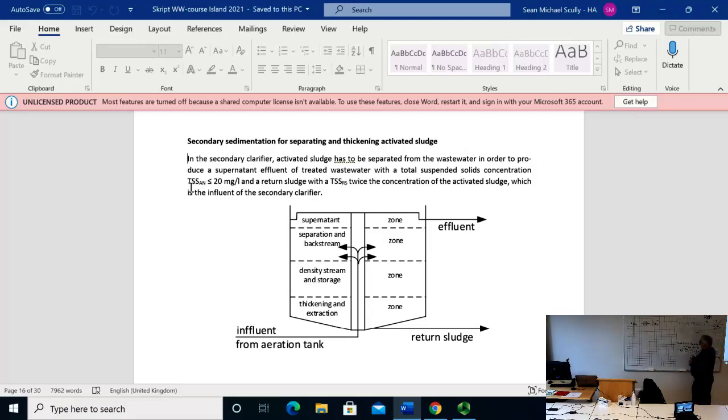Okay, so if we have determined our SVI, then this is by the measurement which we have to take, and standard values, no? That value for SVI is around 100 milliliter per gram.